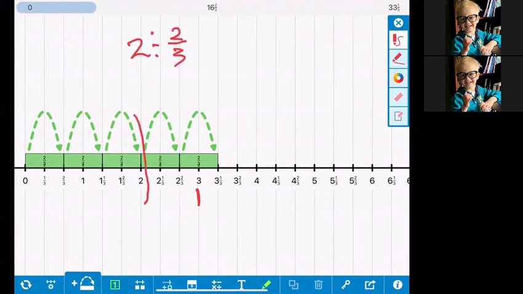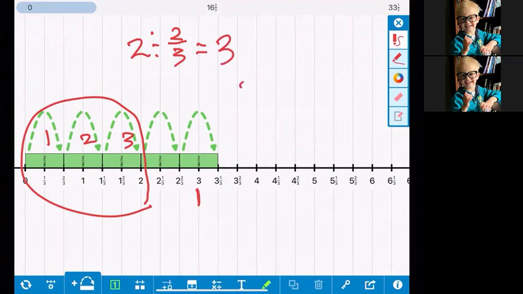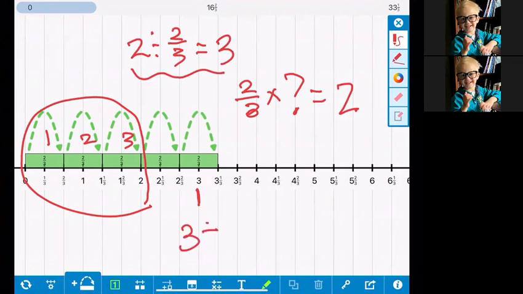So 2 divided by 2/3. So we only needed to go here, right? So it fits in 1 time, 2 times, 3 times. So we get this again 3 times. So we can think about 2/3 times what number equals 2 is what this is saying. But if we wanted to do 3 divided by 2/3, we still think about 2/3 times what number equals 3.